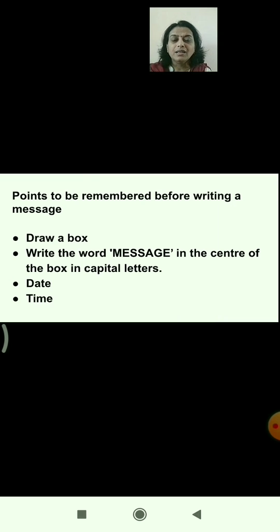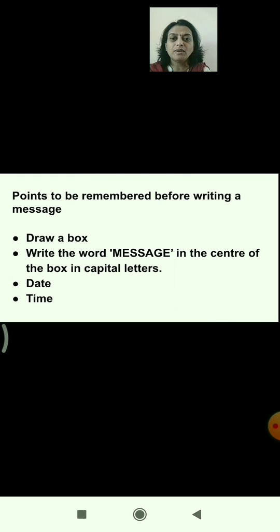Then the next point is time. Again, it is very important. Today's date you have written, you also have to mention the time. That will enable the person for whom you are writing the message to know at what time it was written. Date will tell when, and time will tell at what time.